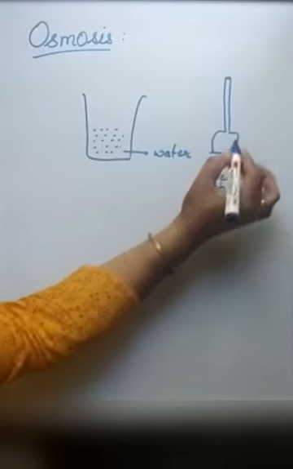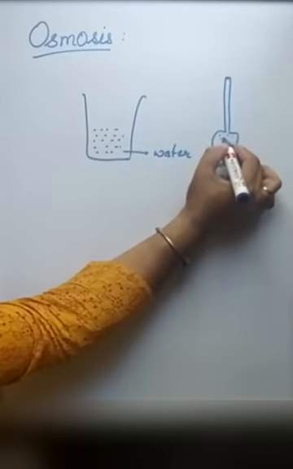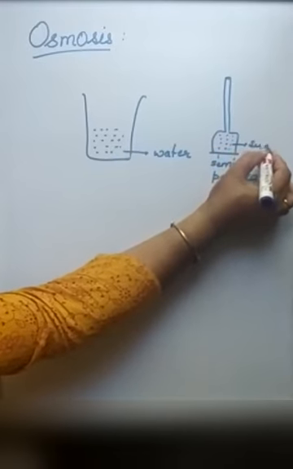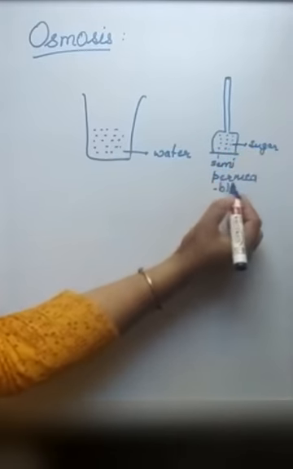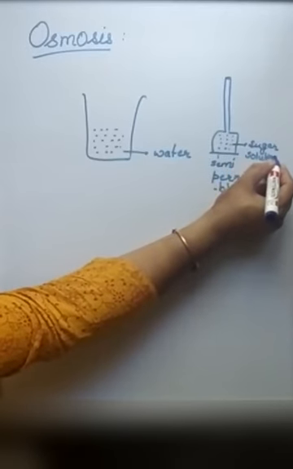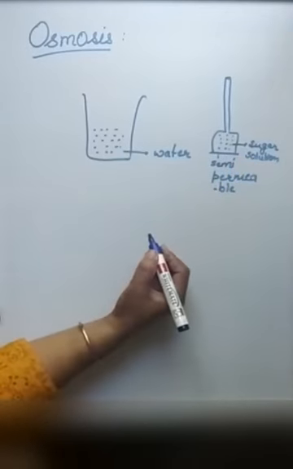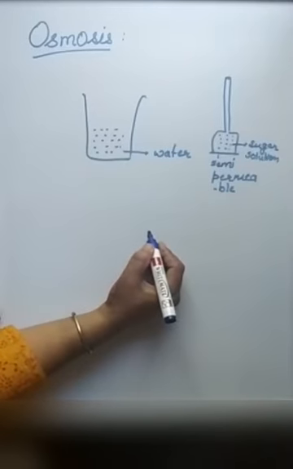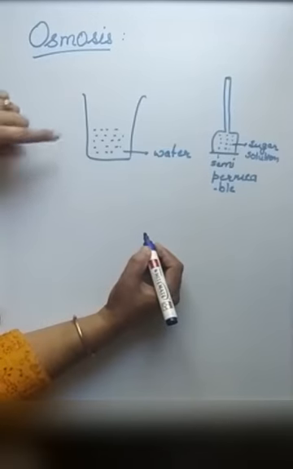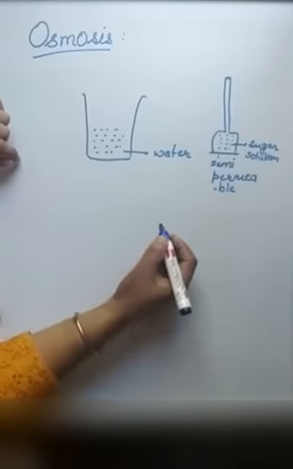In this thistle funnel we have kept sugar solution. This thistle funnel containing aqueous solution of sugar, with a semi-permeable membrane fixed over its mouth, is inverted in the beaker containing water.